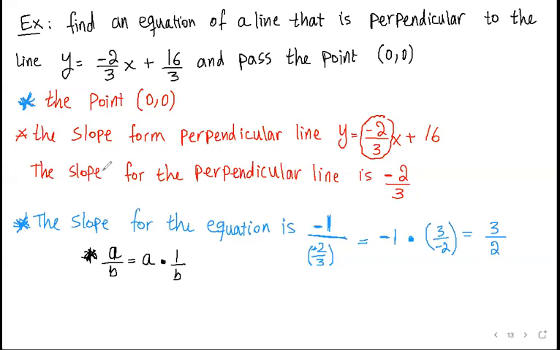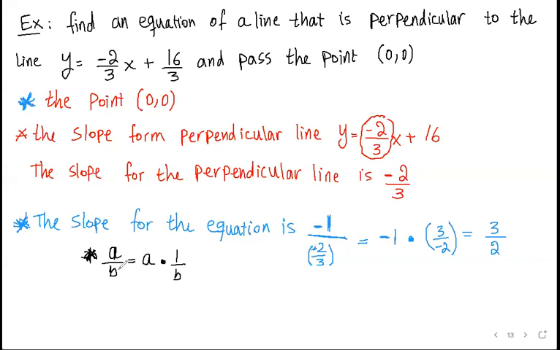Okay, so I have the point, I need the slope. The slope I get from the perpendicular line. The slope for this line is -2/3. The slope for the original equation, by using the formula, is -1 over the perpendicular one, -2/3.